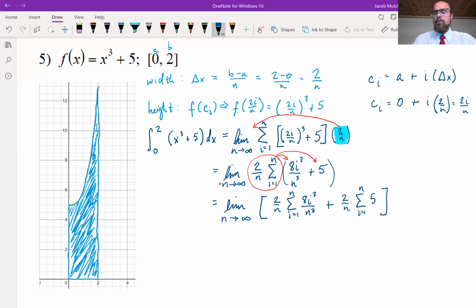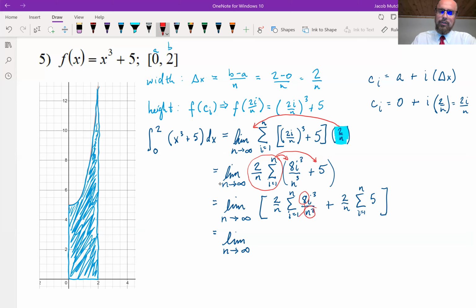Now what our goal is, we want to extract, factor out from each of these two summations any constant multipliers and also any powers of n. So my next step, I'm going to factor out here. So we'll investigate this first term to begin. So I've got 2 over n there, but I want to bring out the 8, and I also want to factor out the n cubed.